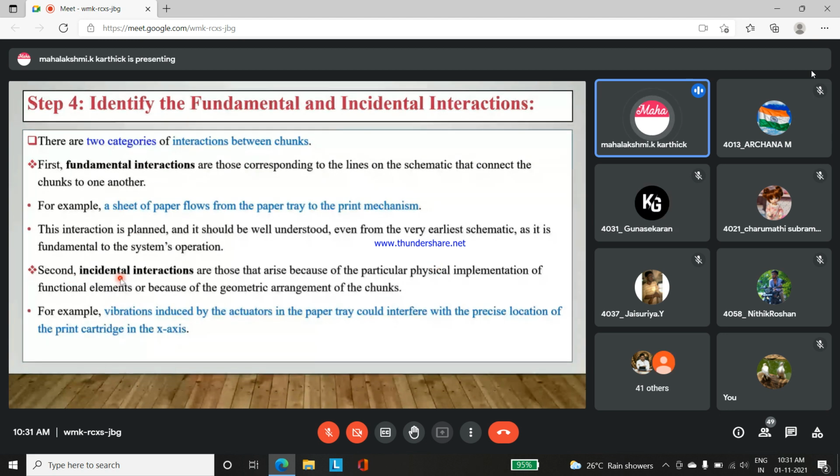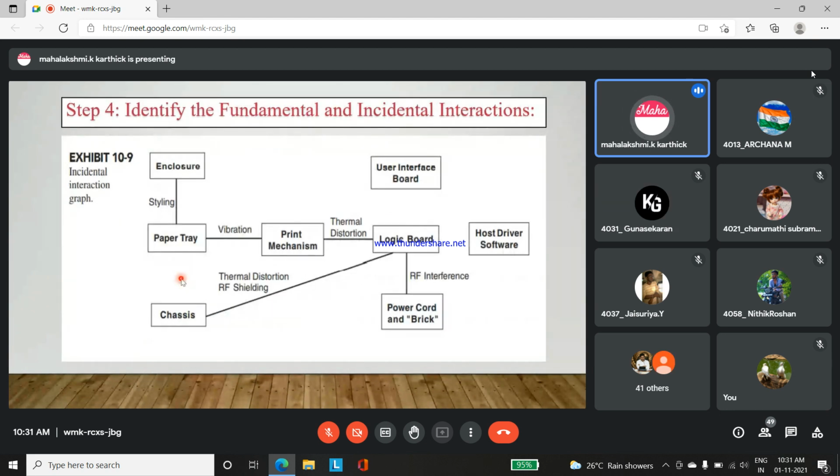When you consider incidental interactions, as you are able to identify what will be the impact between two chunks, obviously there will be one team analyzing this type of chunk and another team representing the paper tray chunk.